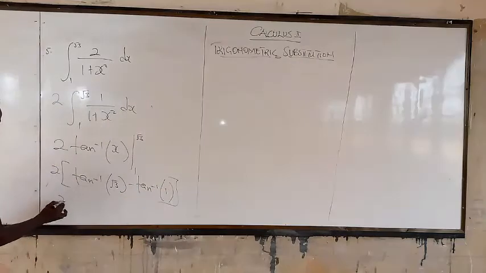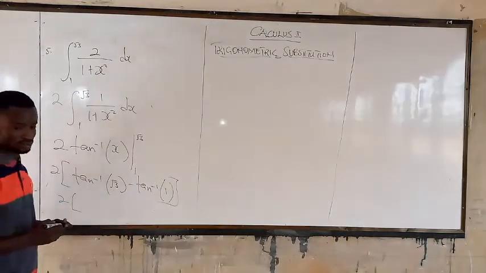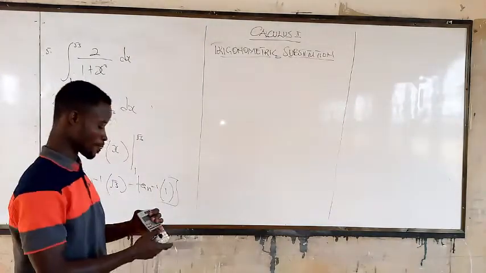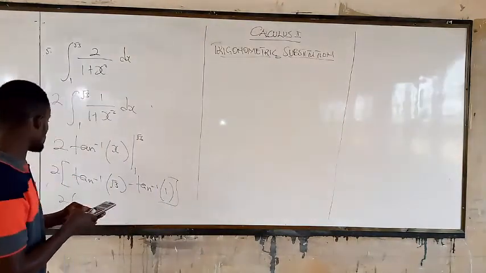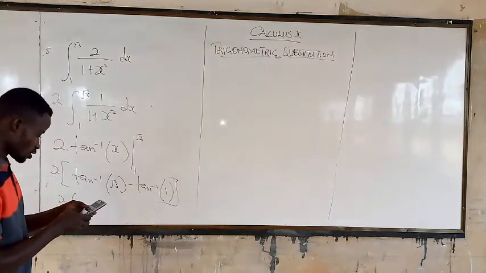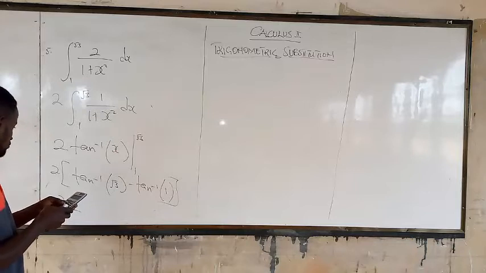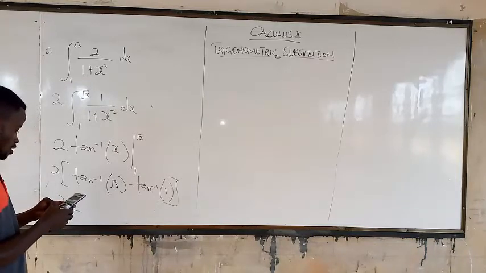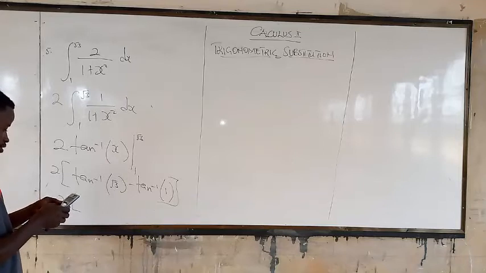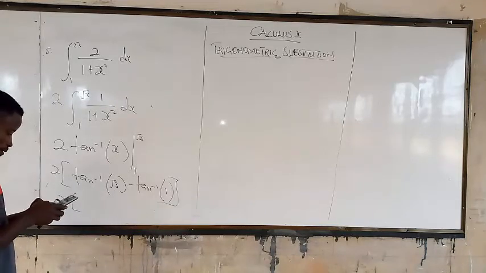And with that, we are going to get calculator. And with that, we are going to get tan inverse of square root of 3 minus tan inverse of 1.